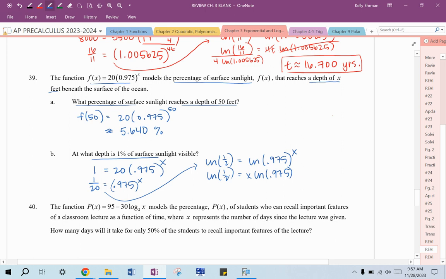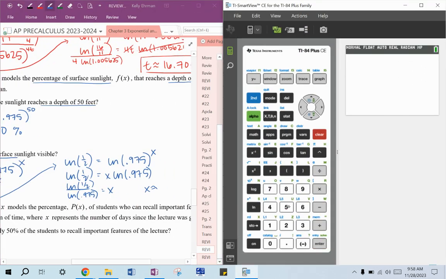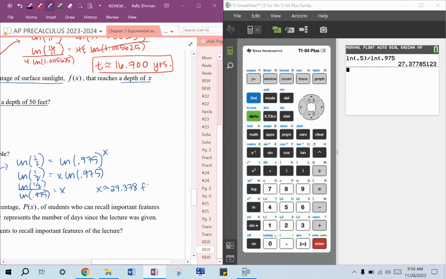And divide. So let's see what depth that is. The natural log of 1/20 divided by the natural log of 0.975 is 27.378, and x is measured in feet.